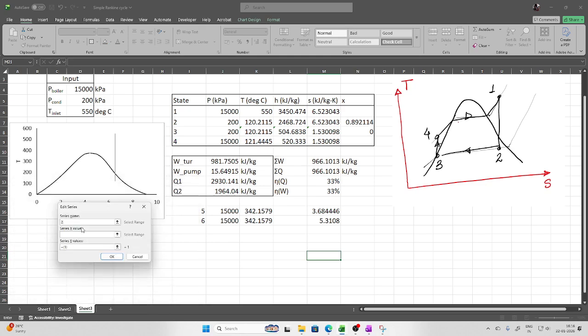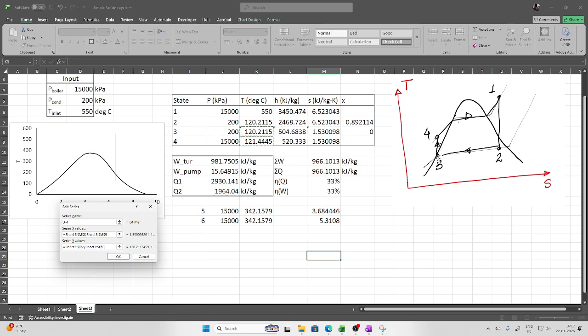So it is 2 to 3, and then x-axis it is S2, S3, and y-axis it is T2, T3. Okay. Again I'll add, and then 3 to 4. So x-axis it is S3, S4, and y-axis it is T3, T4, and that's it.